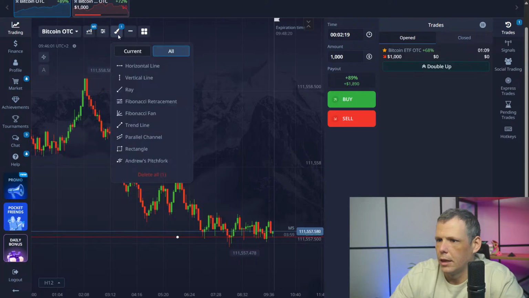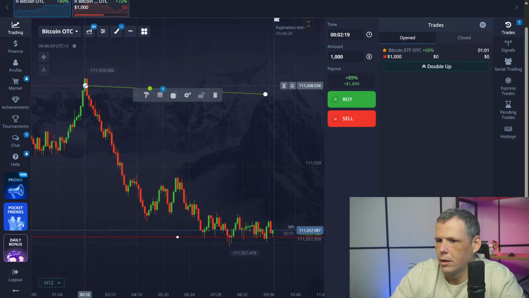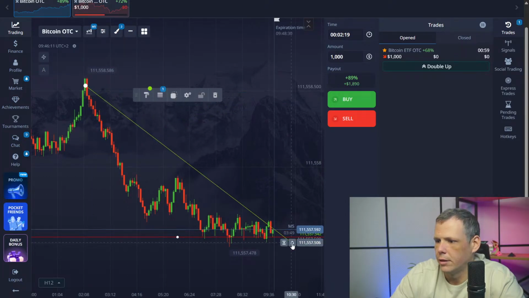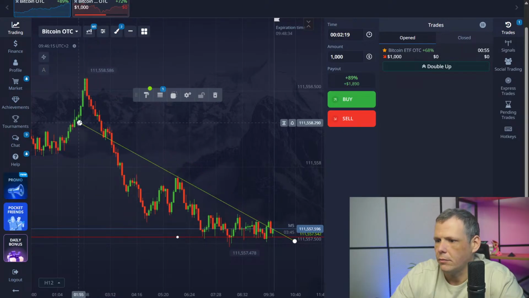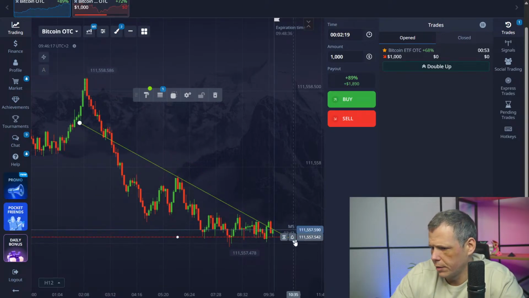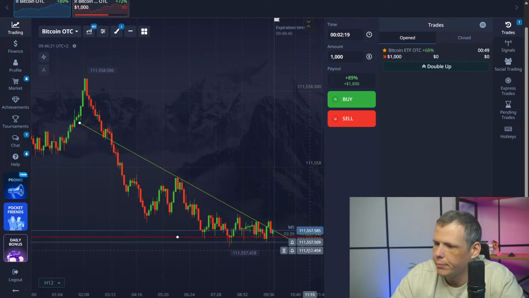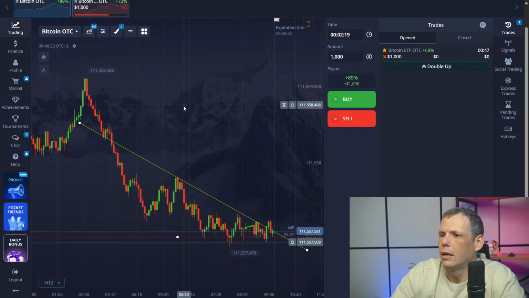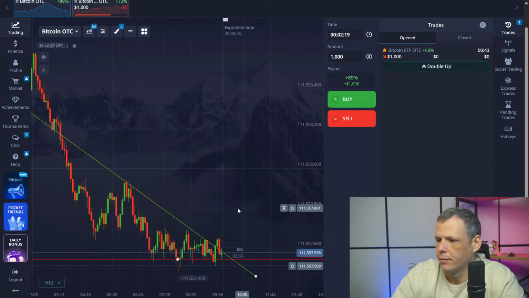Now we need our trend line. Our trend line is coming down, and I didn't do this for the other one. I did set my marks on the 1 minute time frame for what we were trading. Bad habit, by the way. But again, I'm playing around.